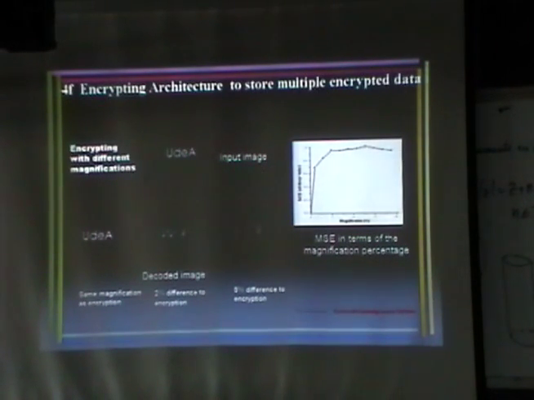But this is another possibility. And a change, for instance, of 2% in the scaling of your mask fails in recovering the input. Again, you define a parameter to obtain multiplexing. In this case, magnification of the key mask.